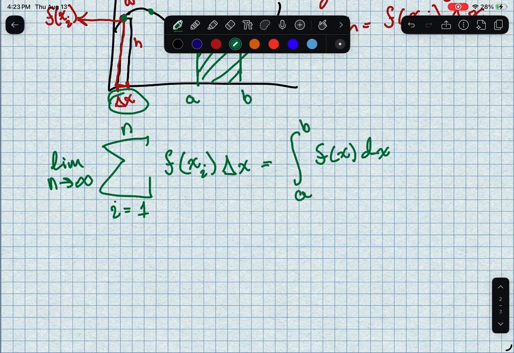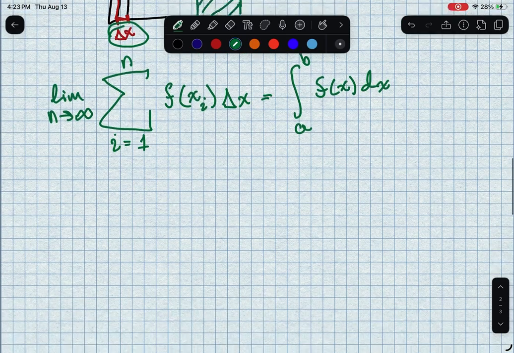So when you have infinitely many rectangles, you're making delta x infinitely small, which then becomes dx, a tiny microscopic width, which is pretty much infinitely small. So the absolute magic of calculus is that adding up an infinite amount of these tiny areas gives us a perfect, finite, exact number for the total area, which is pretty awesome. So that is the limit definition of an integral.